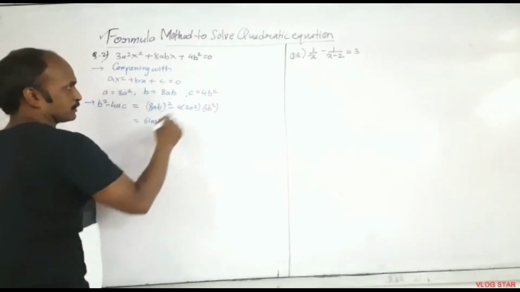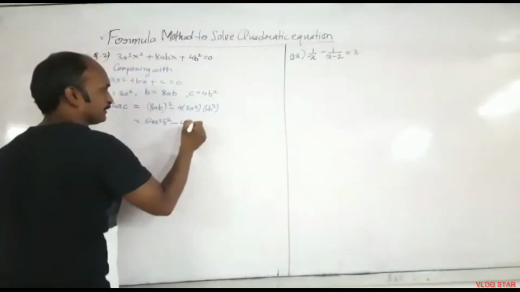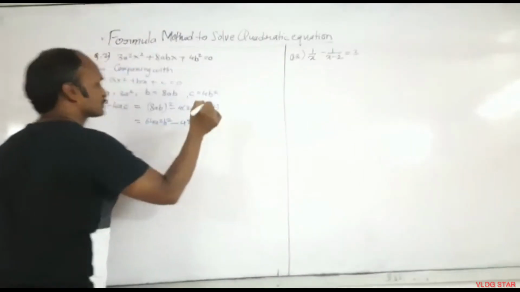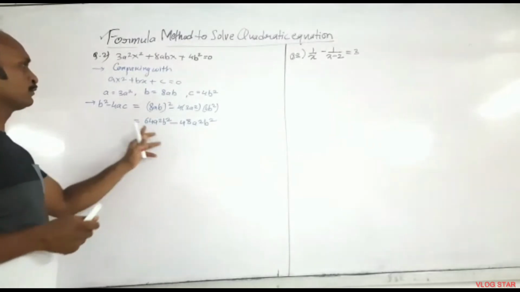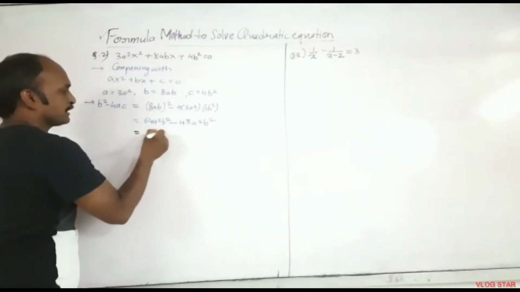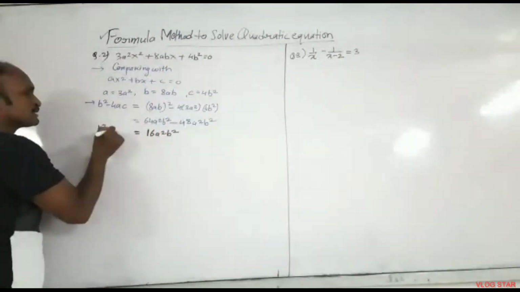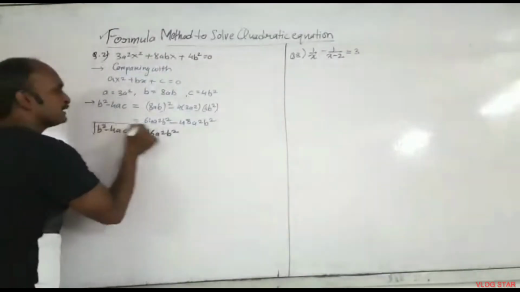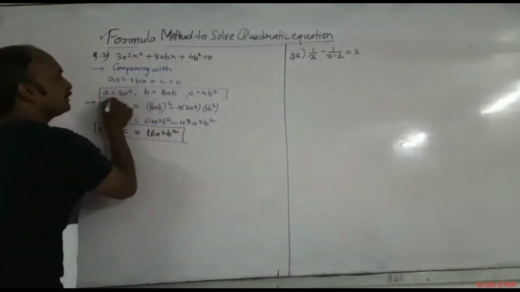You will get here minus 48a²b². So what we have to do? We have to simplify this. If you simplify, you will get 60a²b². So we have got the value of b² − 4ac, and we have got the values of a, b and c.